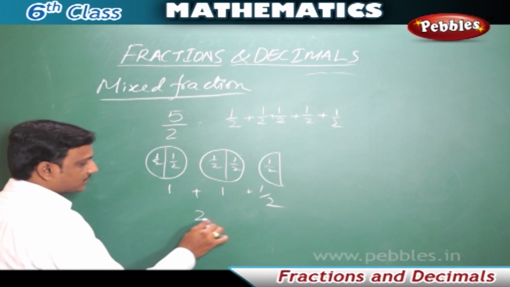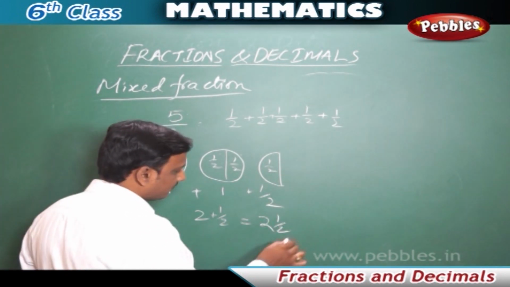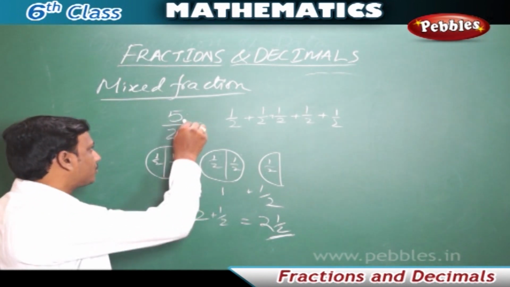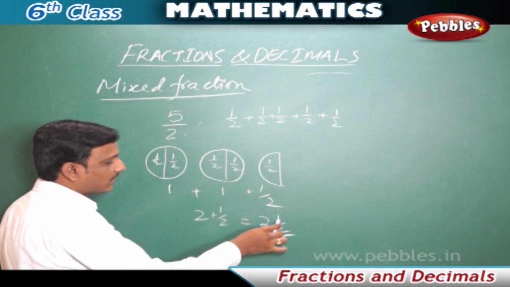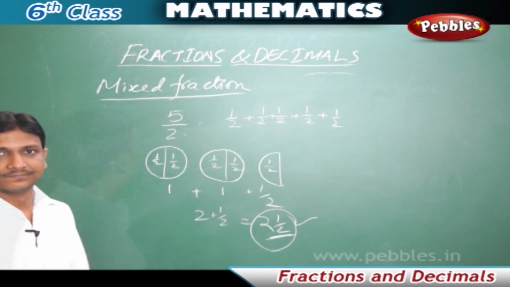So it becomes 2 plus half, 2 and a half. So this is a mixed fraction. So 5/2 can be written as 2 1/2. This is called a mixed fraction.